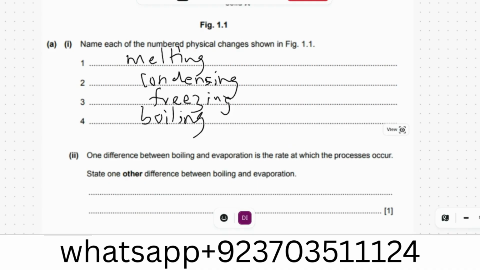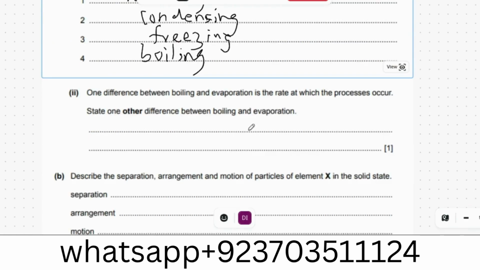One difference between boiling and evaporation is the rate at which the process occurs. State one other difference between boiling and evaporation. Think about it.